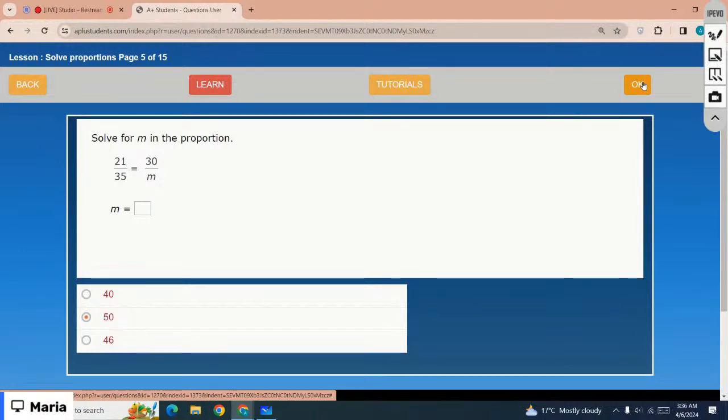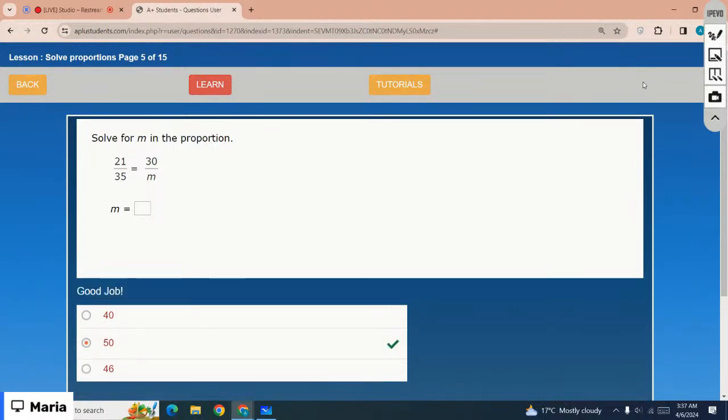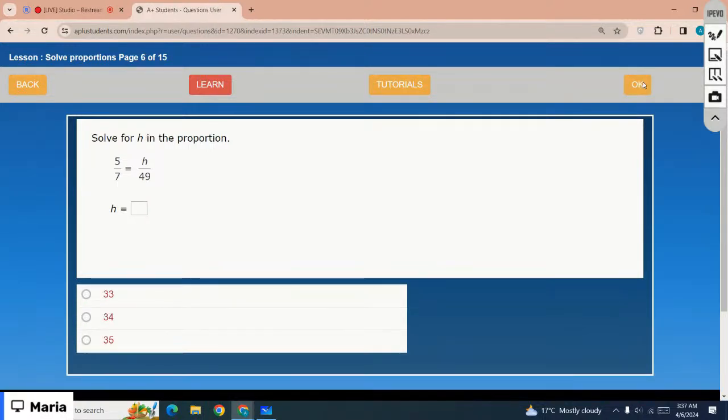Okay, solve for m in the proportion. I think that's the one which, okay, I forgot to click on the okay button. Okay, solve for h in the proportion, which is the correct option.